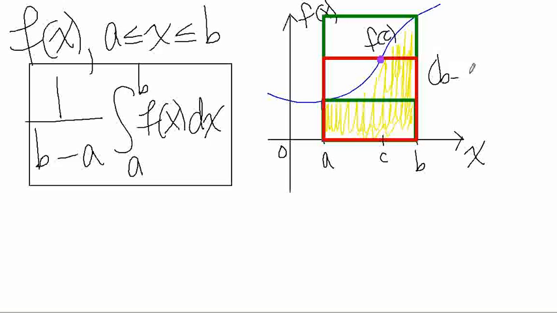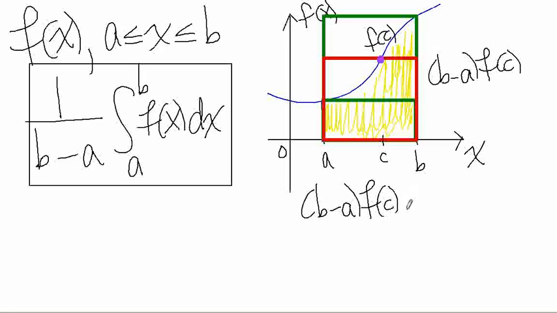So we would get b minus a times f of c. Okay, now we're assuming that that's equal to the area of the yellow shaded region, which is given by the integral from a to b of f of x. So let me set those equal to each other. b minus a times f of c is equal to the integral from a to b of f of x.